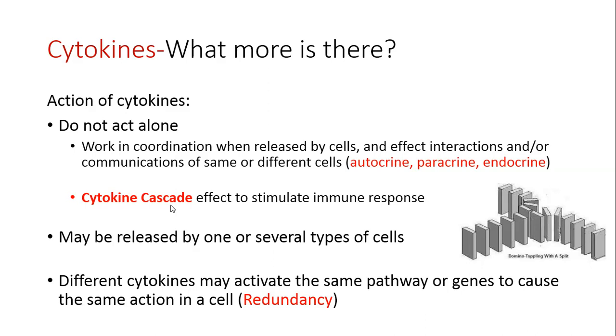The human body has some redundancy built into it, and that's why one cytokine can really affect a couple of different cells, or different cytokines can activate the same pathway or genes to cause the same action. So we have that redundancy built into our cytokine system. And redundancy really just is two mechanisms or more to get the same thing done. And we're going to see that in a few minutes.